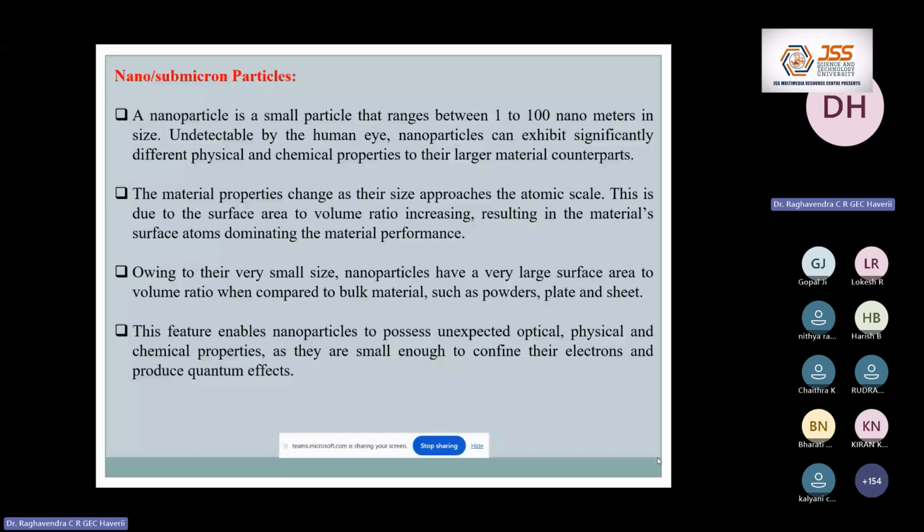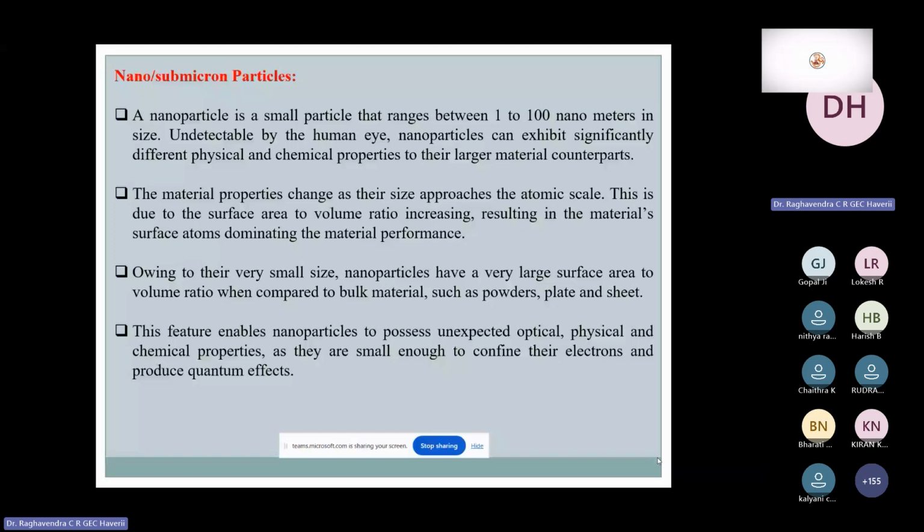The properties change as the size decreases. This is due to the increasing surface area to volume ratio, resulting in the material's surface atoms dominating the material performance.